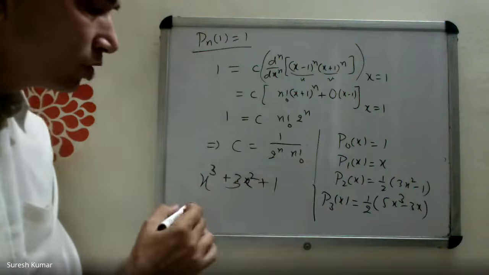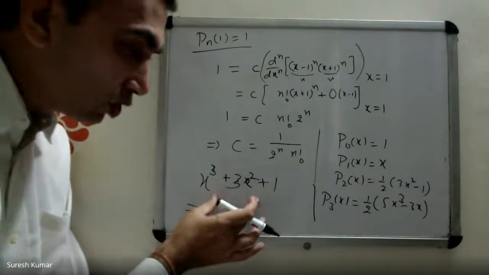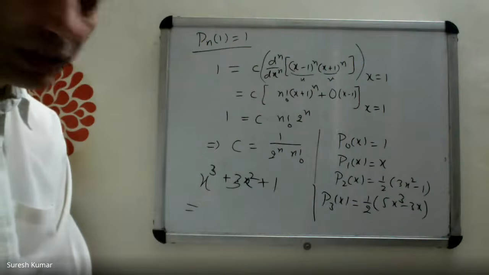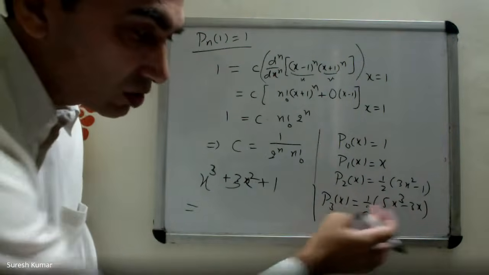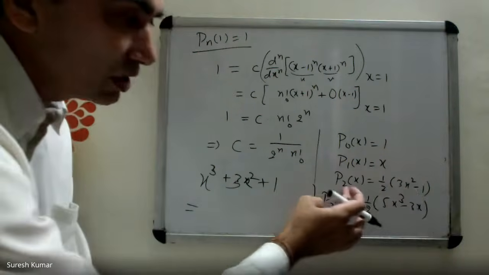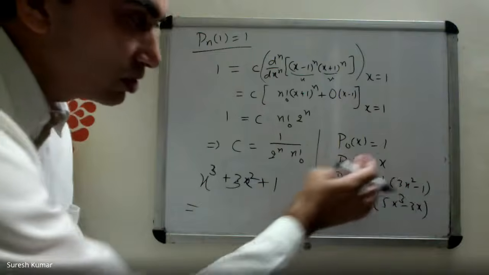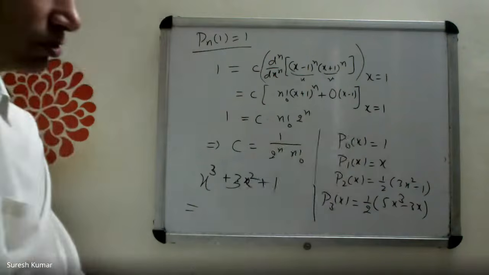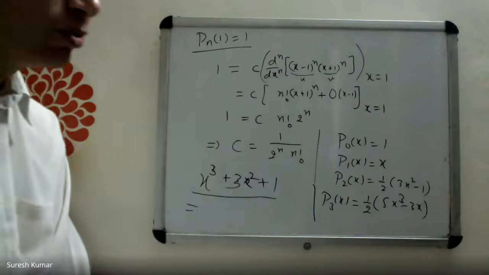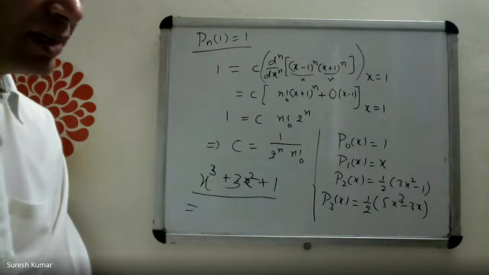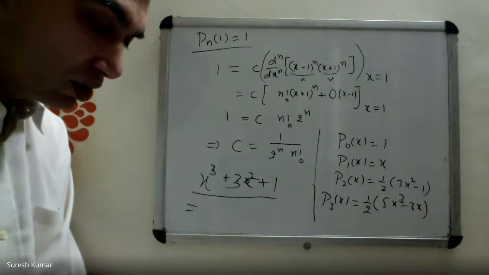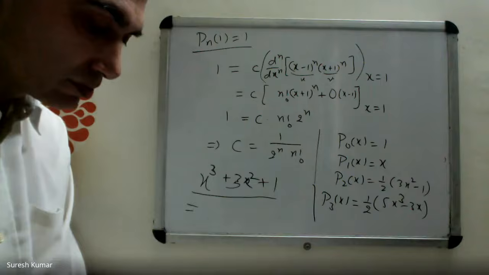You have this polynomial and you want to write it in terms of Legendre polynomials. You can do that easily. From this you can get x cube in terms of P3 and P1. x square is already in terms of P2, x is P1, the constant you can replace by P0. So you can express this polynomial in terms of Legendre polynomials. It means any polynomial can be expressed in terms of Legendre polynomials.